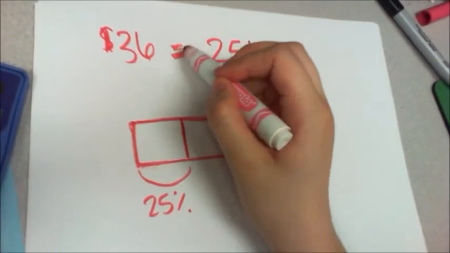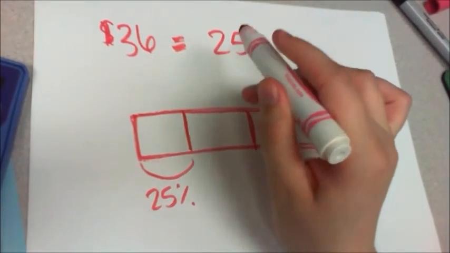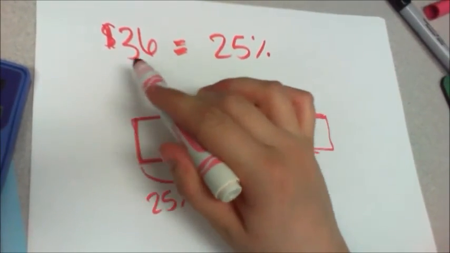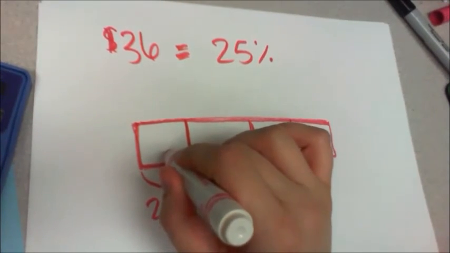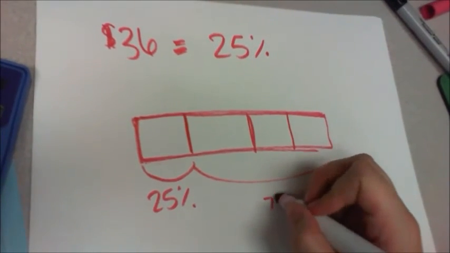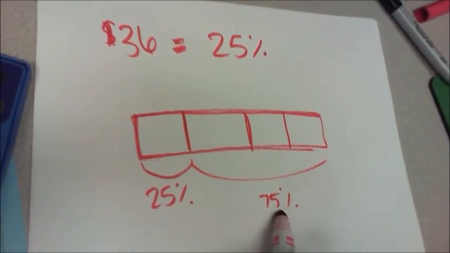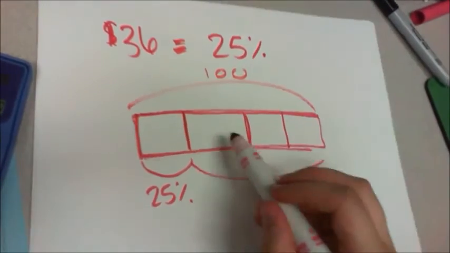Now, it says it's $36 at 25% off, which doesn't mean that the price is 25% of the price. The remaining percent is 36, which would be 75, right? Because 75 plus 25 gives us our full 100.